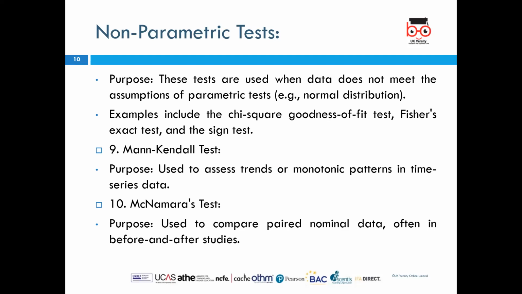For example, as we discussed in the last session, the GDP growth rate of a country. That is a trend, or the inflation rate, which is again a trend over the last 10 years, something like that. So the time period you need to decide. The Mann-Kendall test is used for this purpose. Then we have McNemar's test, which is used to compare paired nominal data, often in before and after studies.